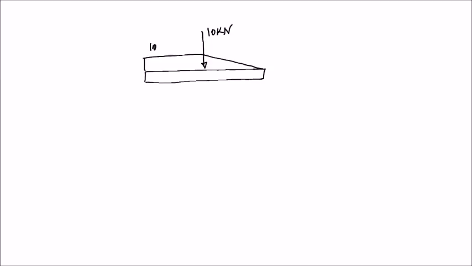So this is 10 kilonewtons per meter. We need to include now a coordinate system. So let's say this is my x direction, this is my y direction.